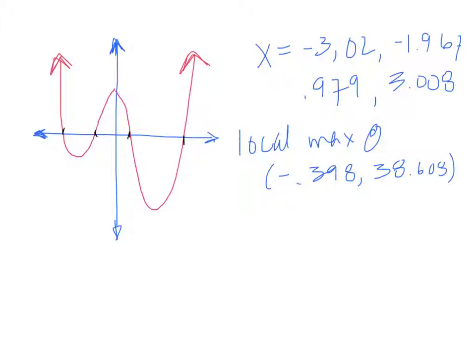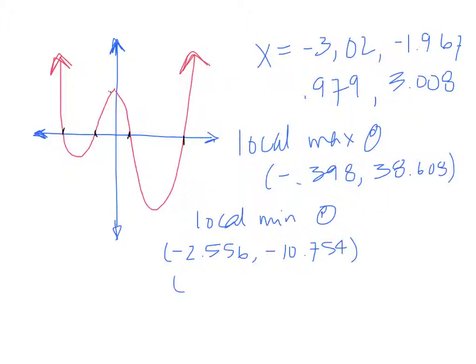And that's my local max right here. And then I have two local mins. One of them is at negative 2.556, and the other one is at 2.205 and at negative 42.934. Okie dokie. So that's what's going on with that function.